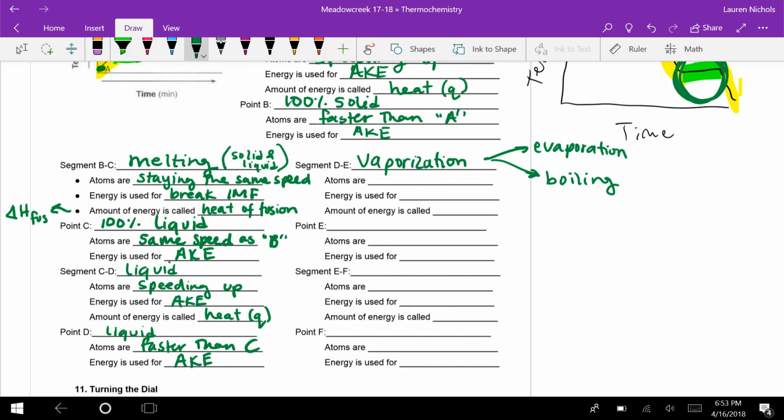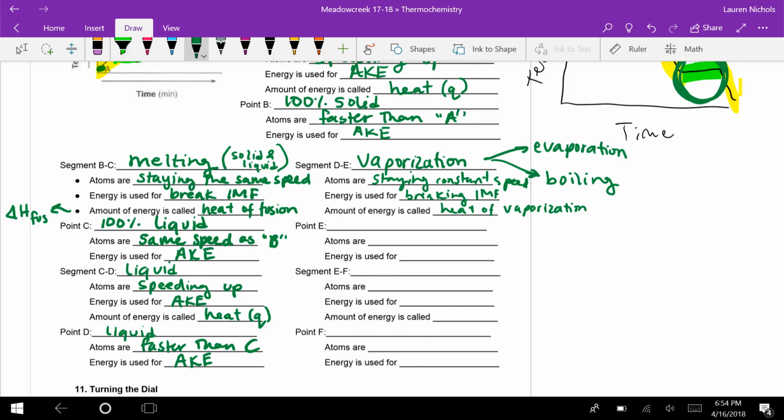But in this case, atoms are staying constant, okay, with the speed, and energy is being used for breaking the intermolecular forces, okay? And this amount of energy is called heat of vaporization, which makes sense because that is what is occurring.